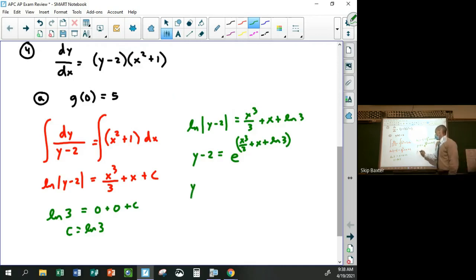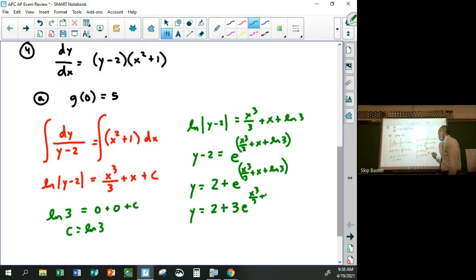So this ends up being 2 plus e to the (x cubed over 3 plus x plus ln 3). And this could be written 2 plus 3e to the (x cubed over 3 plus x). That's the same thing, because you could break out the e to the ln 3 separately, and that's equal to 3.